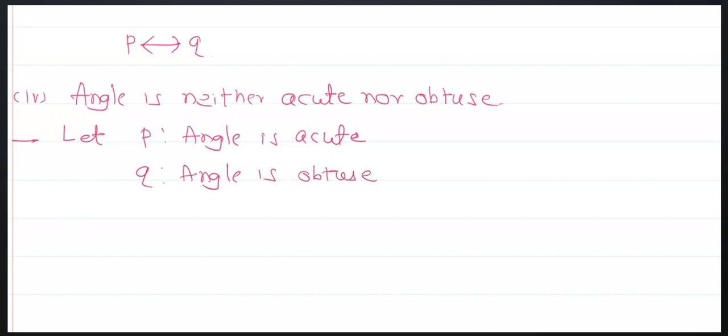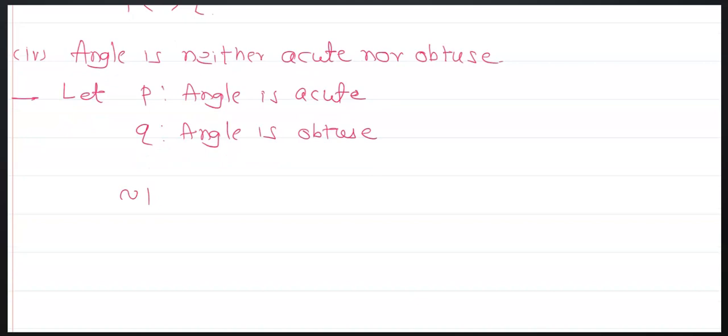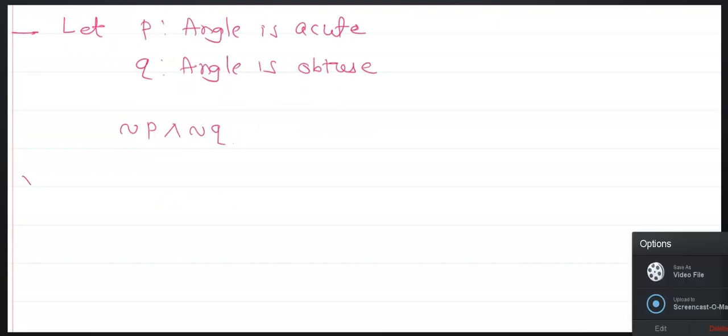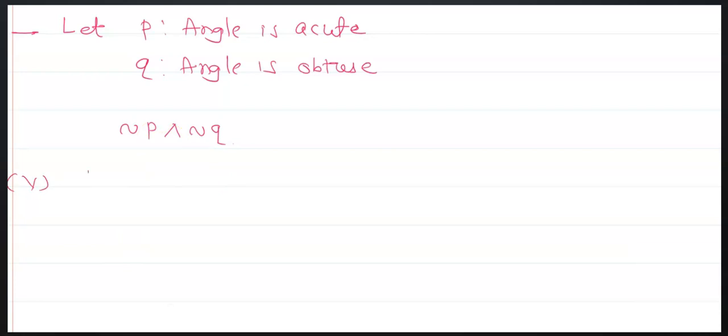Q: angle is obtuse. But it is neither. Therefore, negation of P and negation of Q. Now, whenever there is a statement with neither nor or but, every time we take the and here. Next.